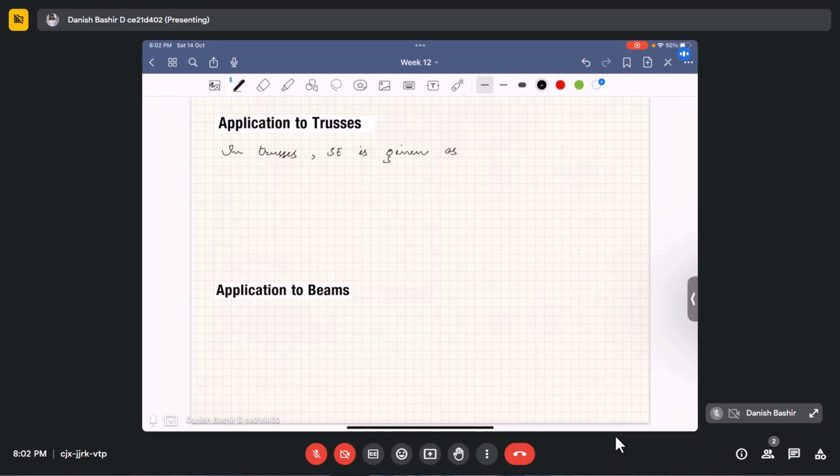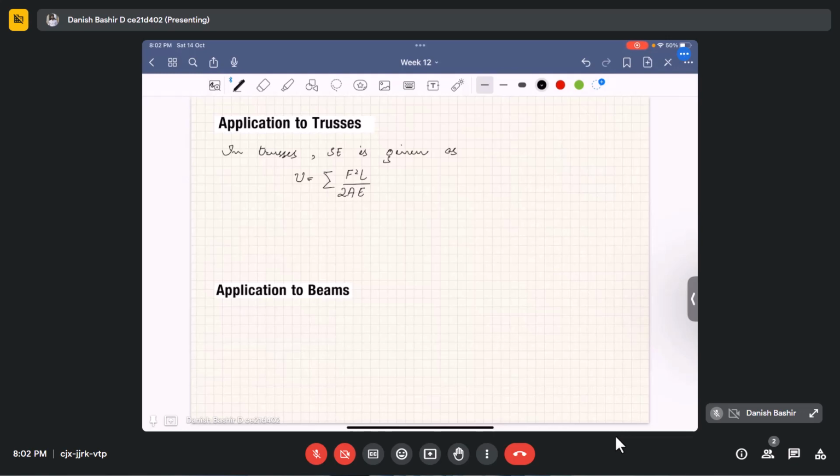We saw in the last class that strain energy was given as U equal to the summation of strain energy of all the members, where it was given as F square L by AE. F was the member force, and FL by AE was the deflection in that member. Sorry, it is F square L by 2AE, because there will be the factor 2.